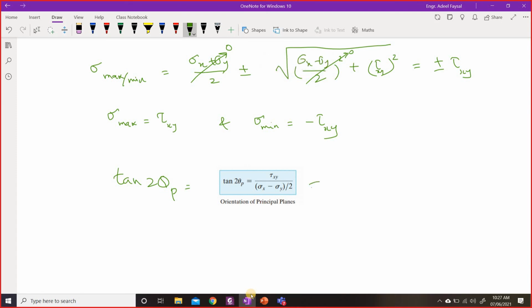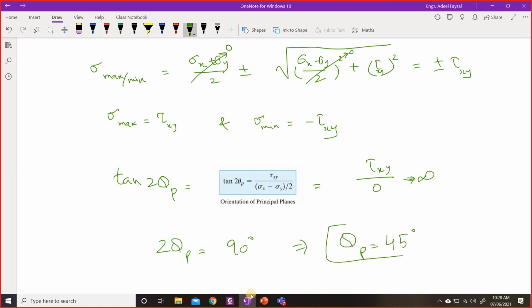So this would become equal to tau xy divided by 0, which approaches infinity, and that means 2 theta p is equal to 90 degrees, and that means theta p would be equal to 45 degrees.